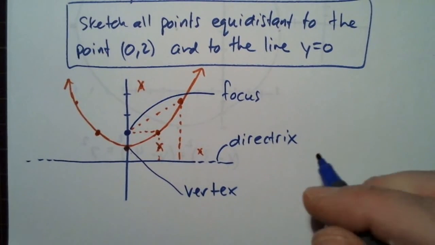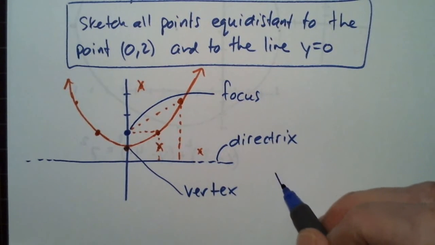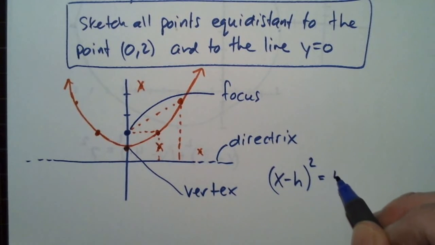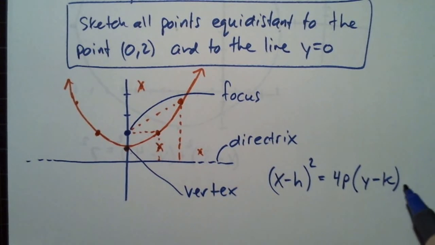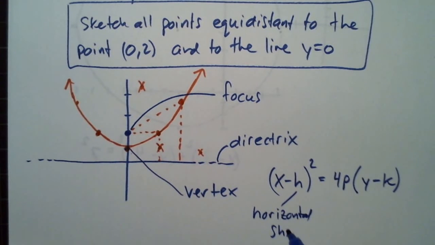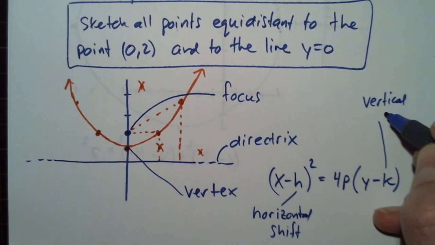We have an equation of this parabola, well, not this parabola, but any parabola. We're going to write it like this. This is the horizontal shift. And that means that is the vertical shift.